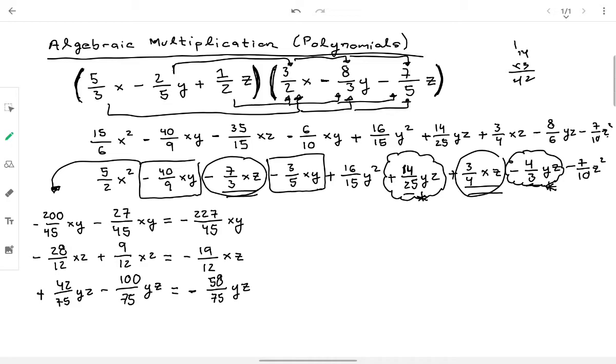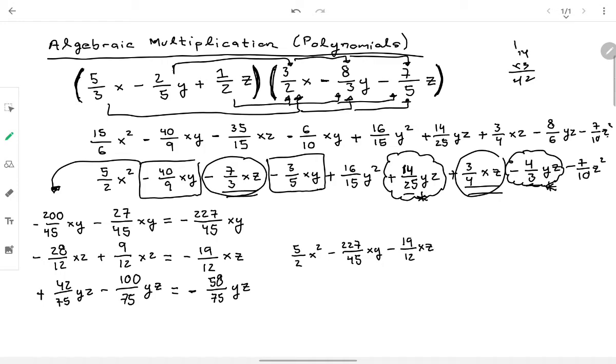Then we need to put this in alphabetical order or descending order of powers. We need to put our answer in order. So in this case, we start with the letter x, that is the first one, and x squared is the bigger one. So our answer is 5 halves of x squared, then minus 227 over 45xy, minus 19 twelfths of xz.